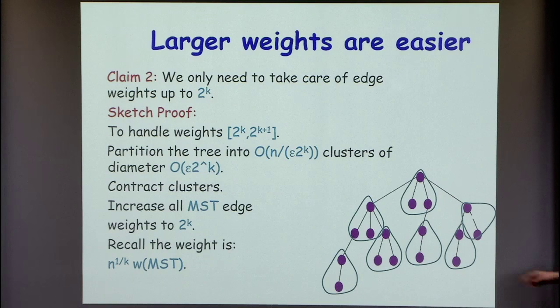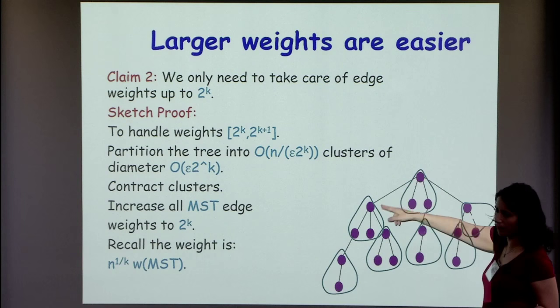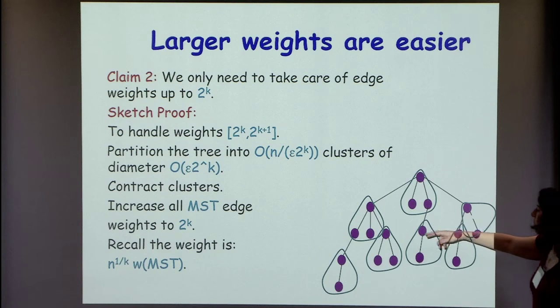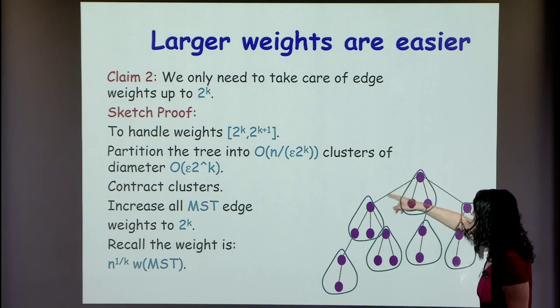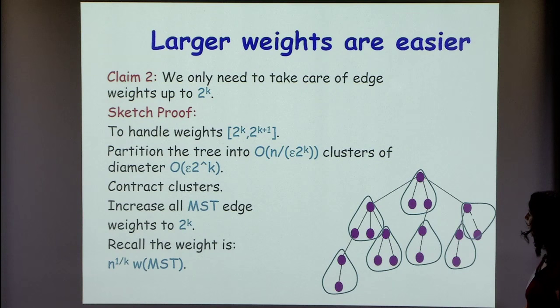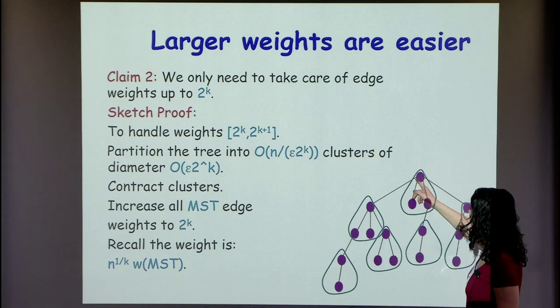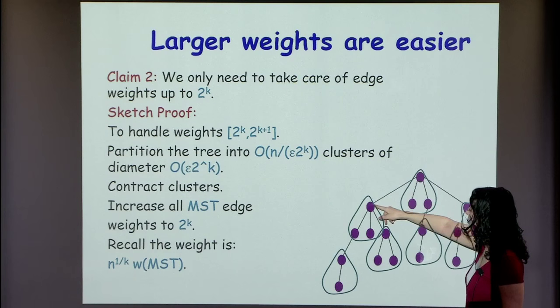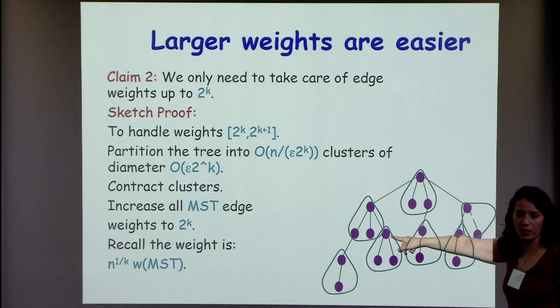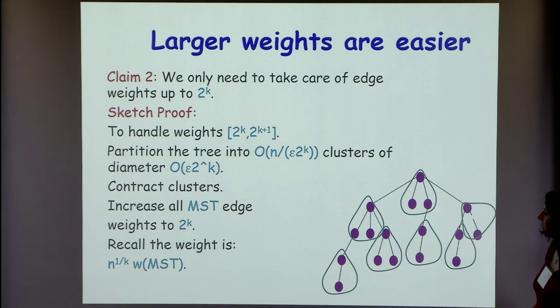But we also have the MST edges of weight 1, so I cannot just add them into the constructed graph like that, because then I can use a weight 1 edge and do a huge detour here, and I will get a terrible stretch. So what we do is we just take all the MST edge weights and increase them to 2^k.